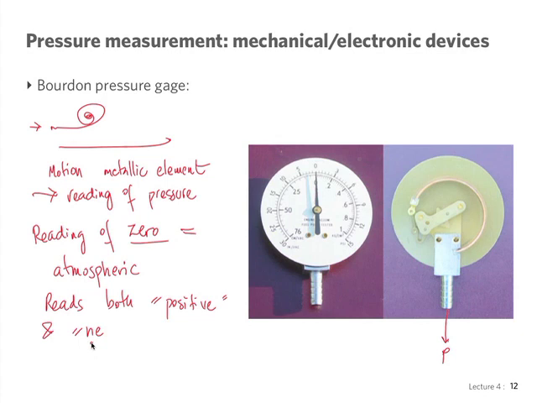We can have a small suction pressure, a small value below atmospheric, and this gauge can read both positive and negative values. This is very standard. You see them all over the place if you go to process plants or chemical engineering installations.